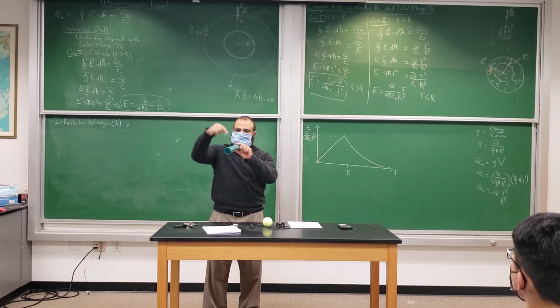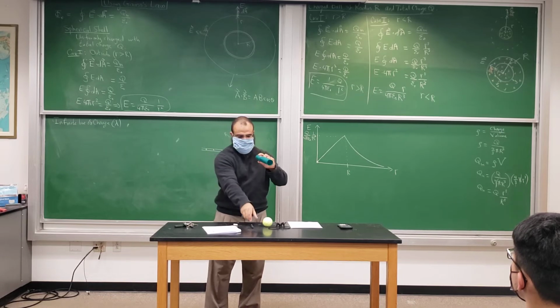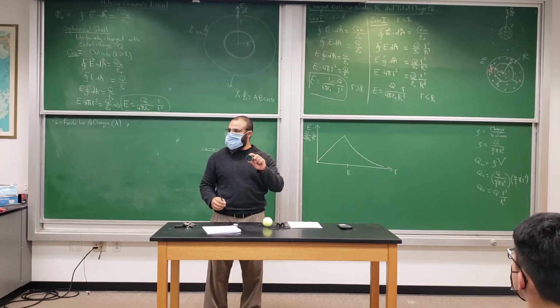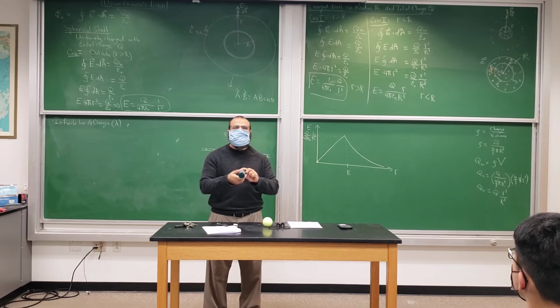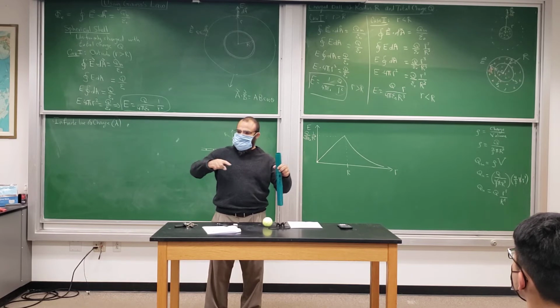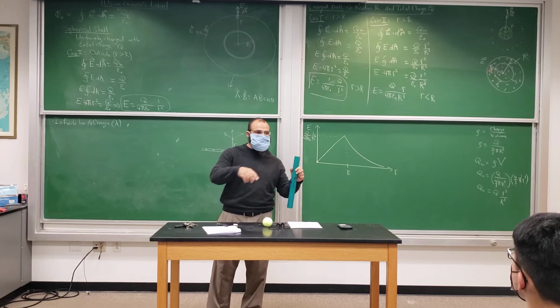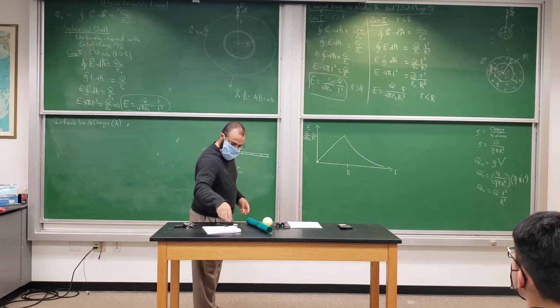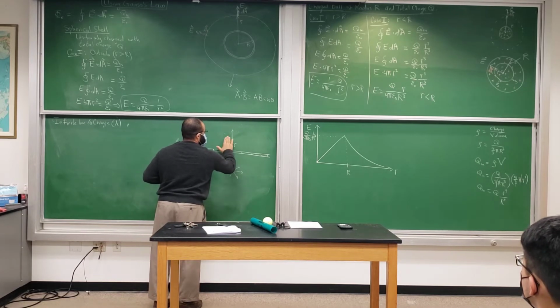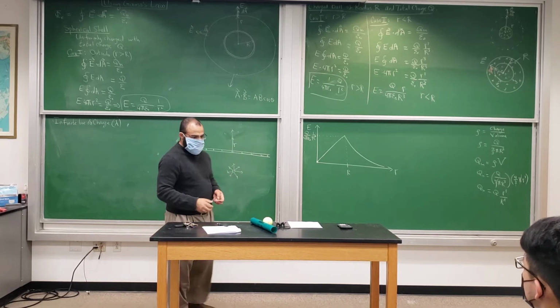The field points like this, like spikes, like the spokes in your bicycle wheel. Yeah, it looks like that. So the electric field has to point this way.